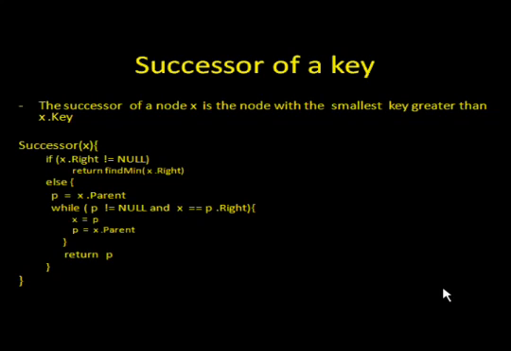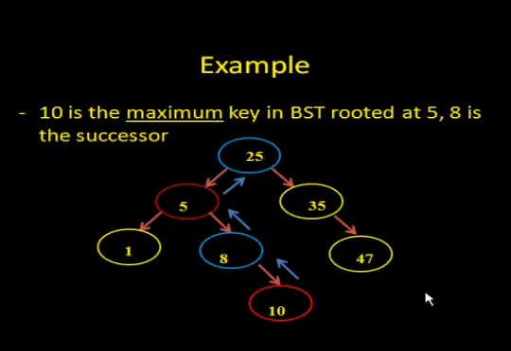Successor means that it would be the node with the smallest key that is still greater than the current key you're looking at. Here's some pseudocode for it. Okay, for example, if we were looking at this tree here that we have in front of us, and we're looking at the node 5, well, we could say that 10 is the maximum key if you're looking at the subtree that starts at 5, and 8 would be the successor to 5.